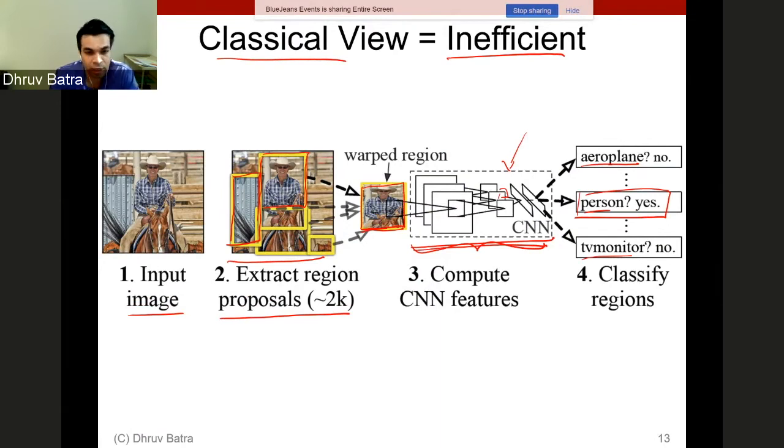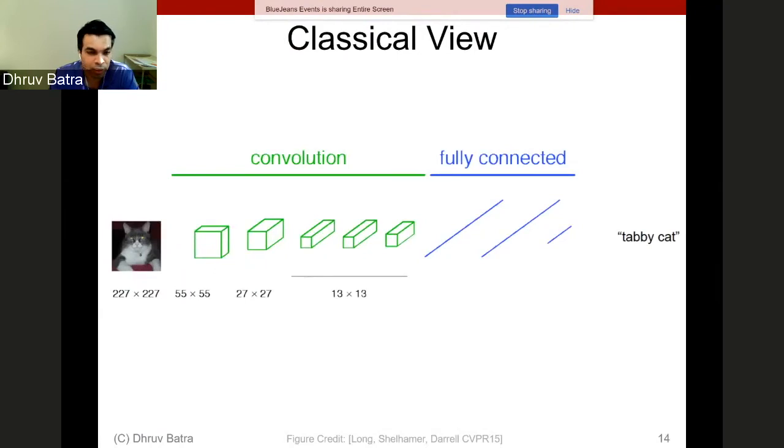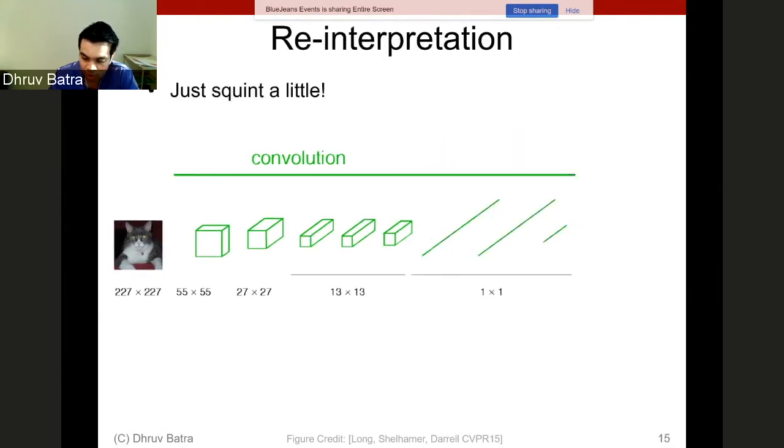So let's get around this limitation. The way we're going to get around it is by making a claim that all fully connected layers are actually a kind of convolution.